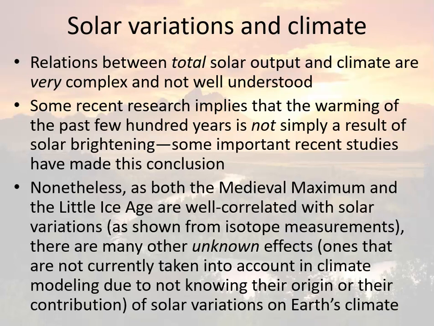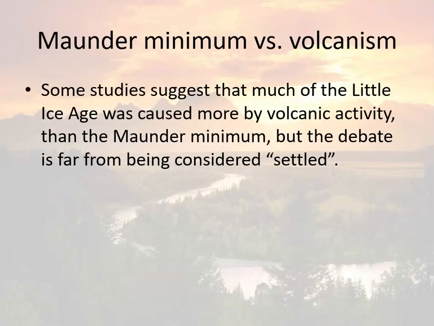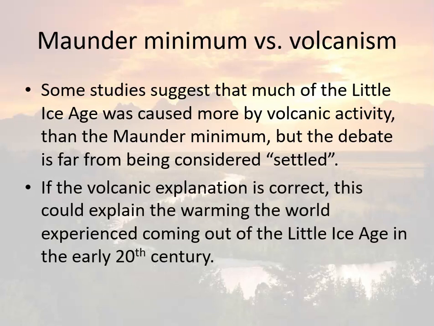But thereafter, it will cause it to warm again, once the dust settles and ends up absorbing the sunlight, you end up getting increased heating due to that effect as well. Now, whether the Maunder minimum played a more significant role than the volcanism, we're really not sure at this point. But if the volcanic explanation is correct, this would definitely explain the warming that the world experienced coming out of the Little Ice Age into the early 20th century.